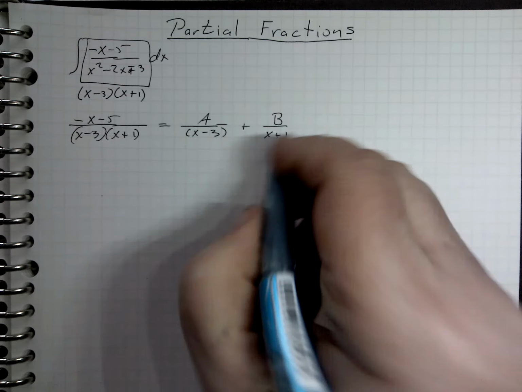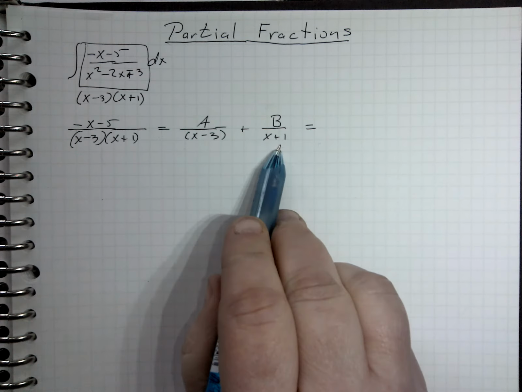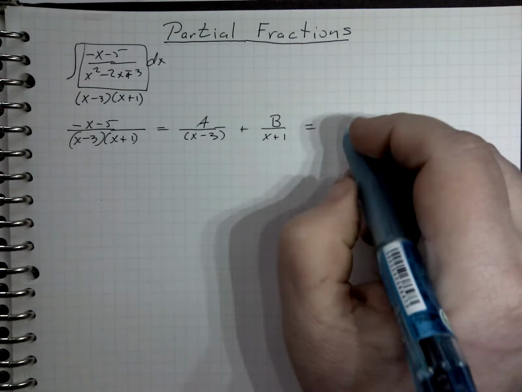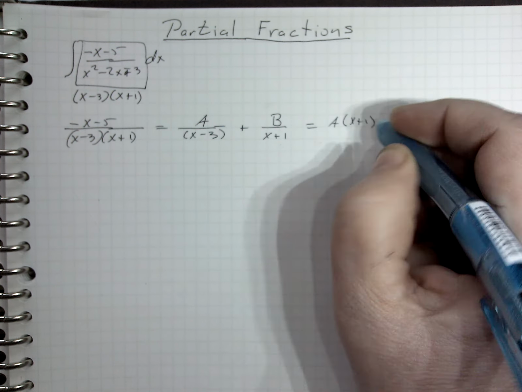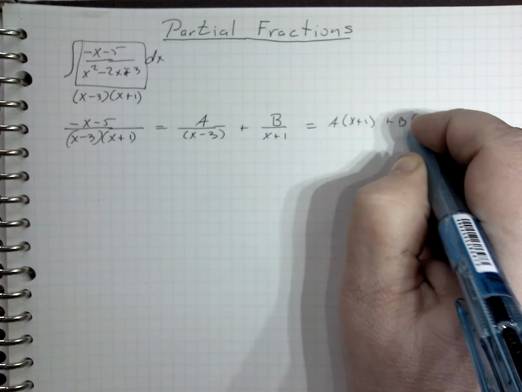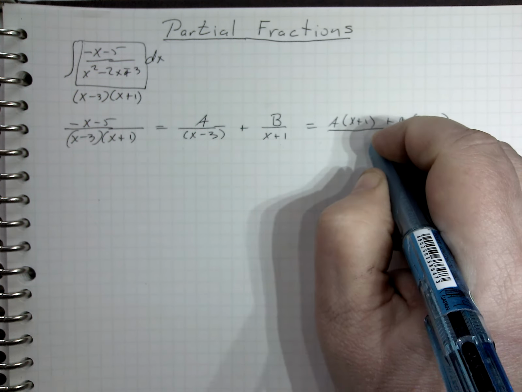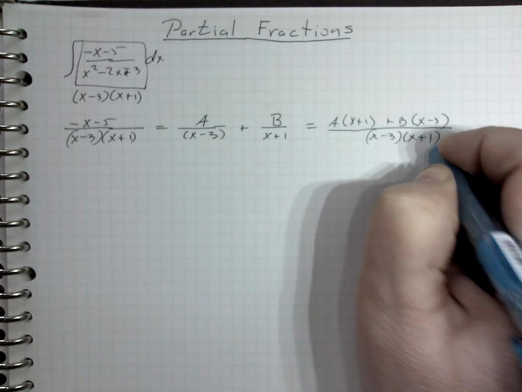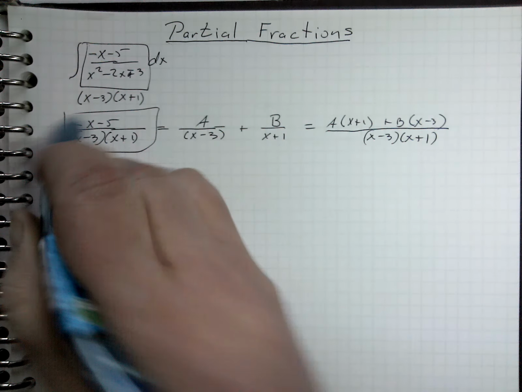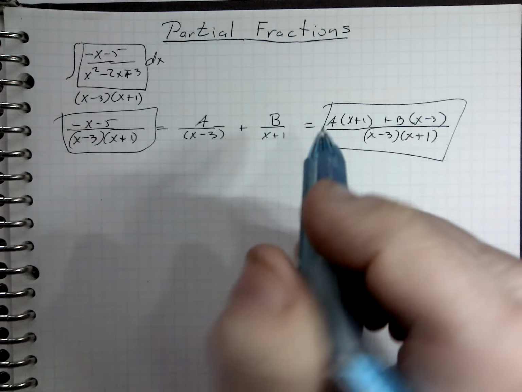Now, going back to here, if I had just these two fractions and I was trying to bring them together, I would have A times x plus 1 plus B times x minus 3 all over x minus 3 times x plus 1. So now I've got two fractions with the same bottoms, which means the tops must be equal.